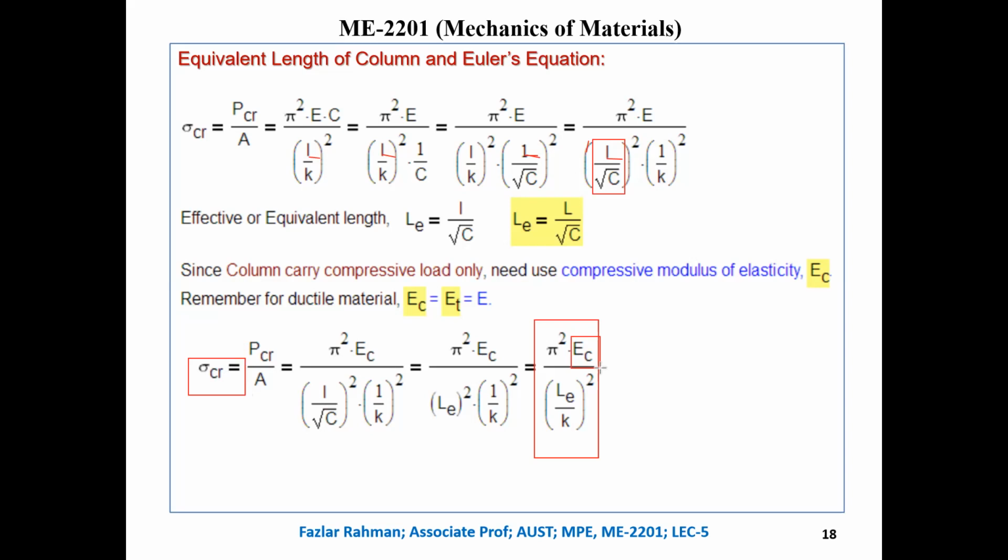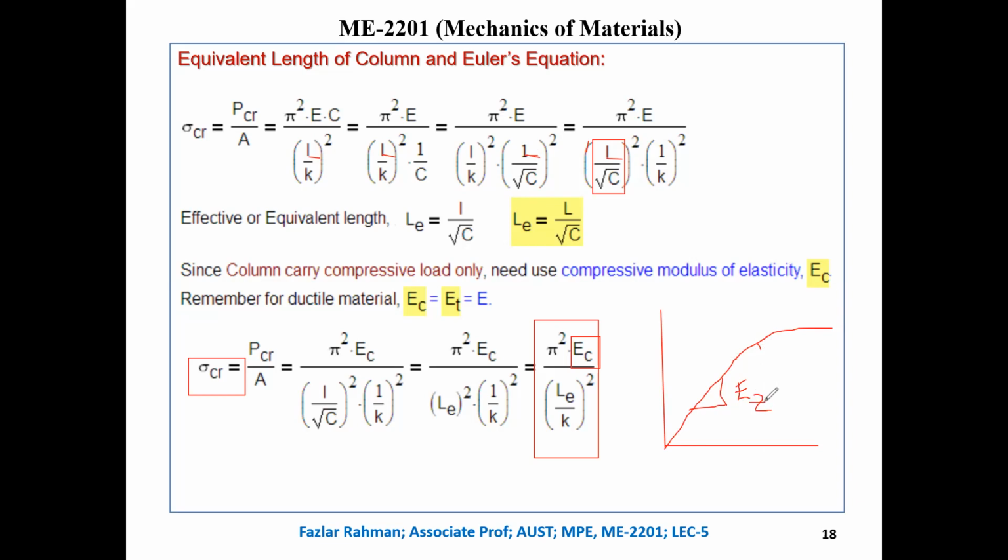In your solid mechanics, you use the stress strain graph, right? That graph normally we derive for tensile load, and we figure out the slope of the graph before the yield point. So the slope of this graph is the value of E. But in the book they say only E, while this is called tensile modulus of elasticity.